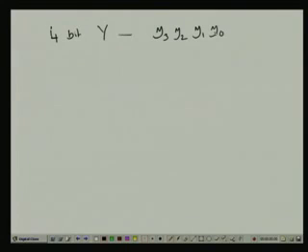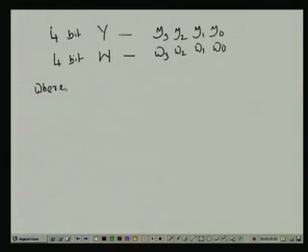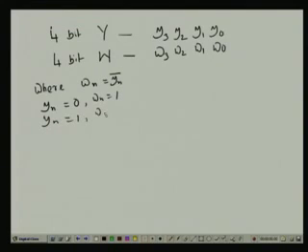Say I am considering another 4-bit w, as if w3, w2, w1, w0, where wn is yn bar. So, that means if my yn is 0, wn will be 1. If my yn is 1, wn will be 0.